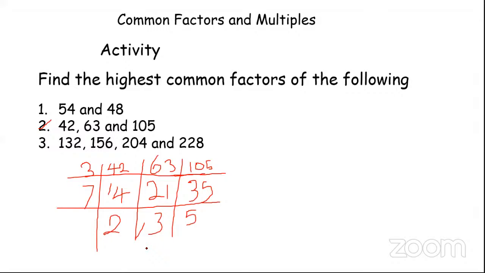So what will our highest common factor be? It would be 3 multiplied by 7, and this gives us 21.